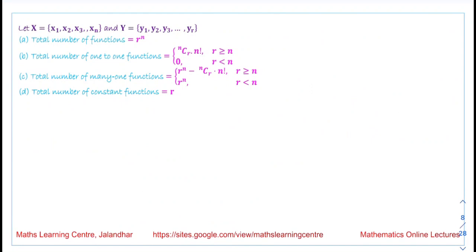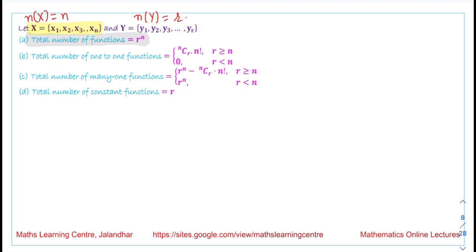Now next we are listing the results related to the number of functions. We have already seen that if a set x is given to us and it has n elements, the number of elements in x is n, and the number of elements in y is r. We know that the total number of functions that can be formed from the set x to y is r raised to the power n.